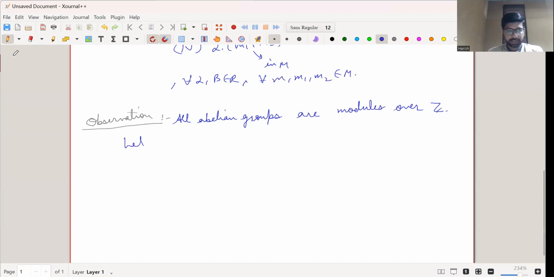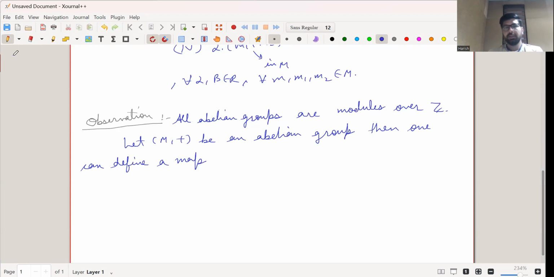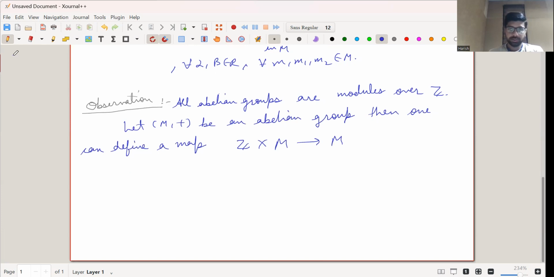So let M, plus, be an abelian group. Then one can define a map from Z cross M in the following way. n is an integer, comma m, this is mapping to n dot m.